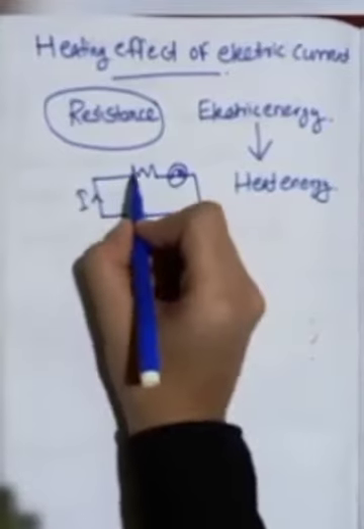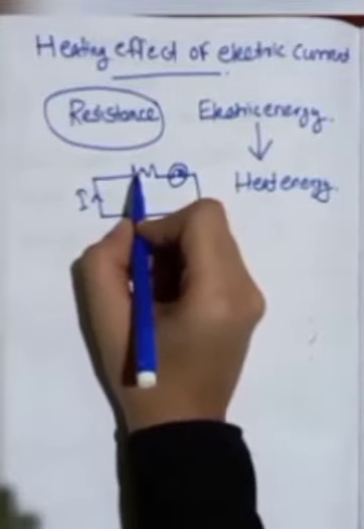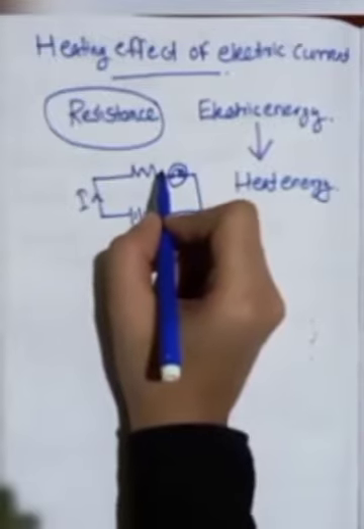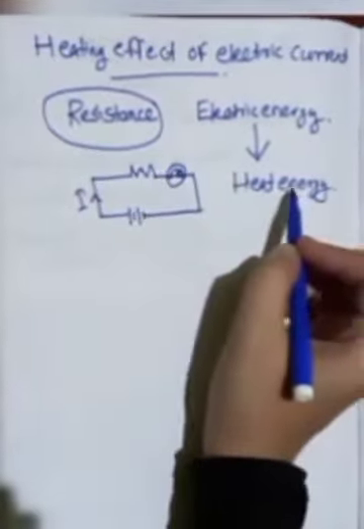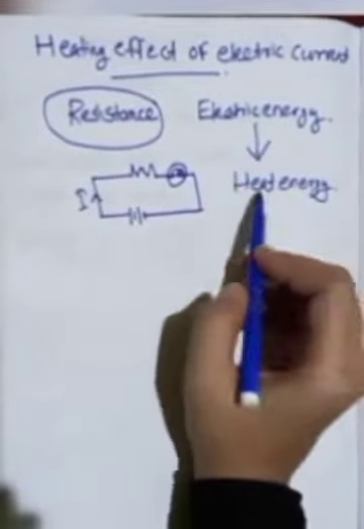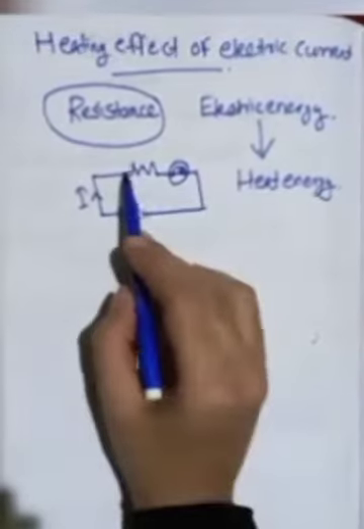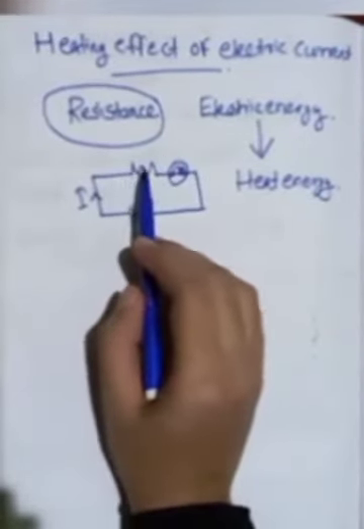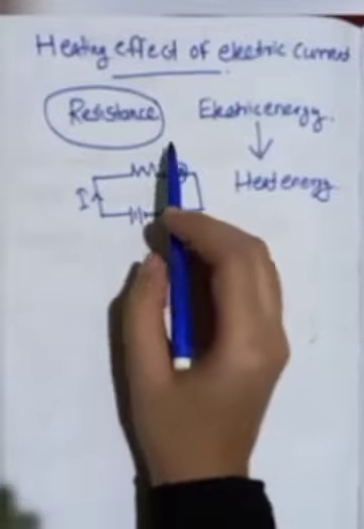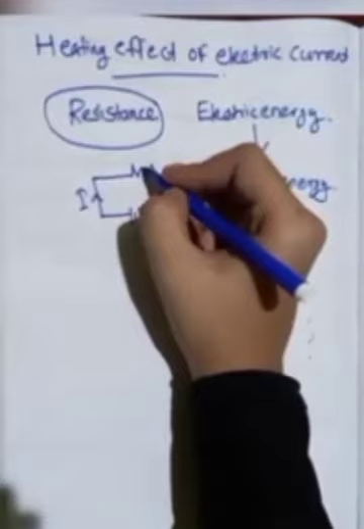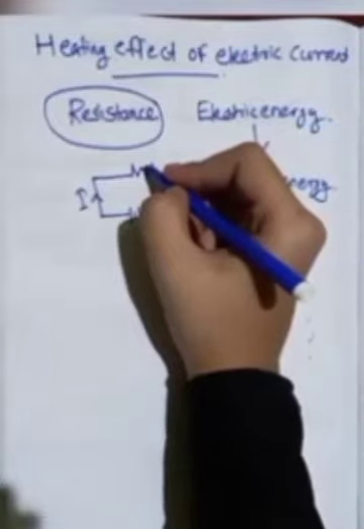Here the resistor is connected. The resistor blocks the electric current. Some of the current is converted into heat energy. We know the electric current is electrical energy, and this electrical energy is converted into heat energy, and it goes away from here as heat.